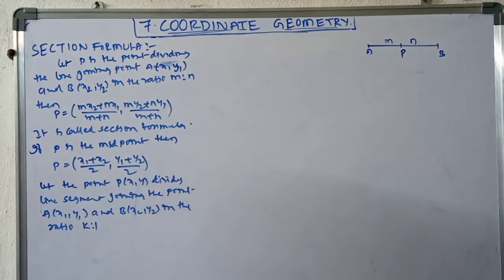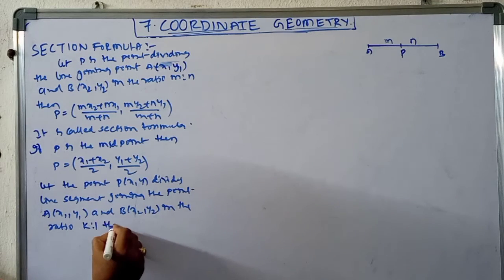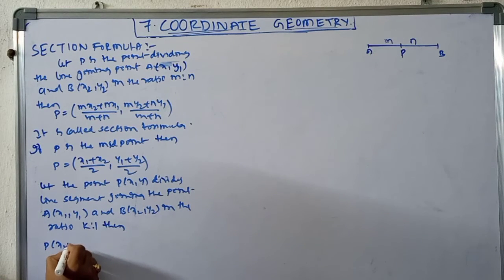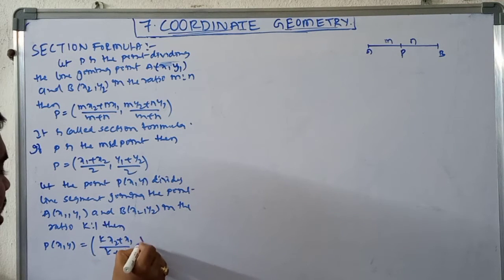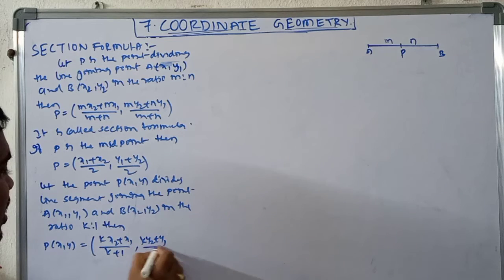I am taking k is to 1. Then P (x, y) is equal to (k x2 plus x1) by (k plus 1), (k y2 plus y1) by (k plus 1).